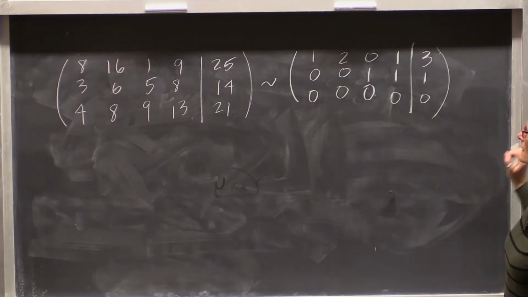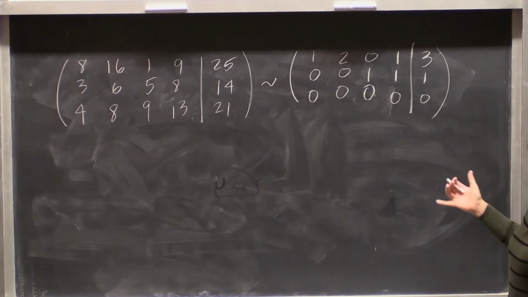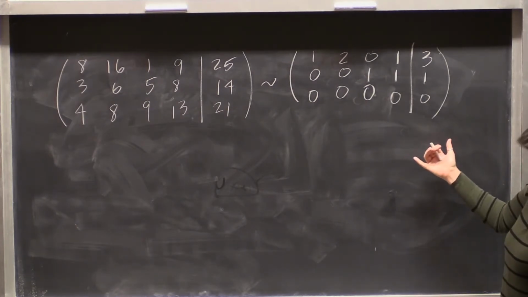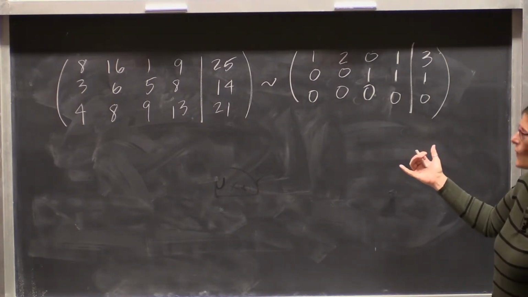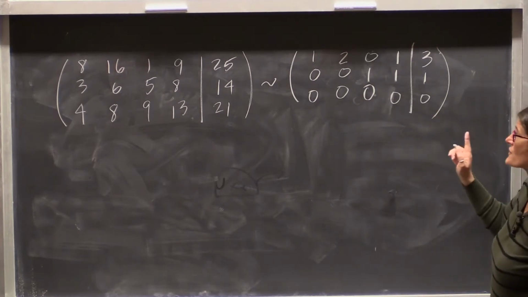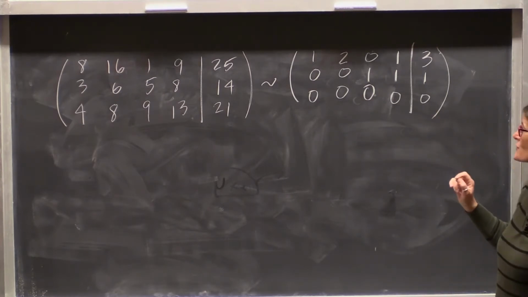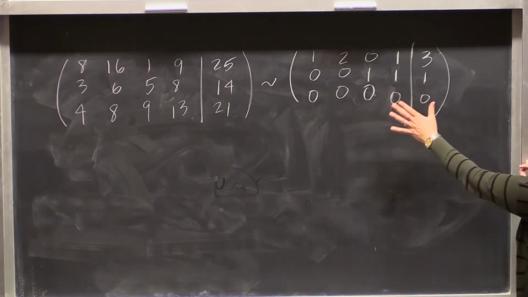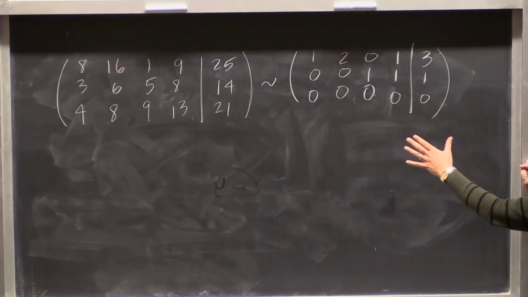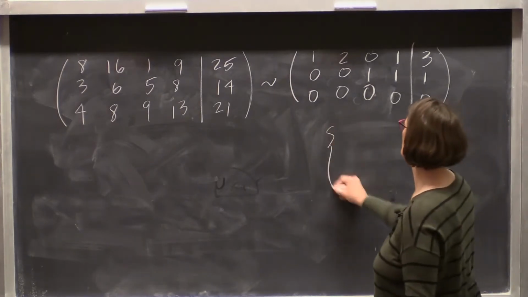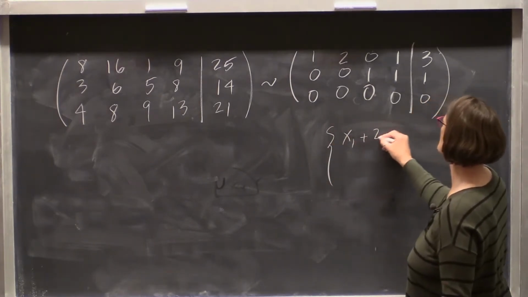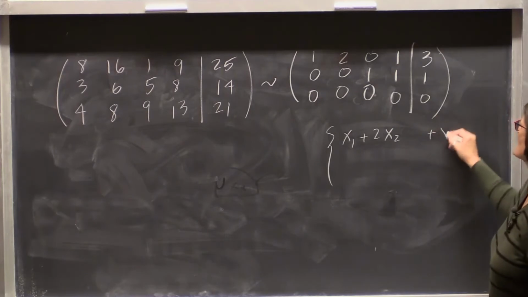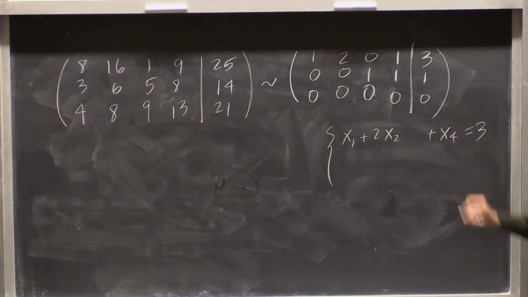Well, for sure there's a solution. If I asked you to write down the linear system which had this as its augmented matrix, you would write down x1 plus 2x2 plus x4 equals 3.